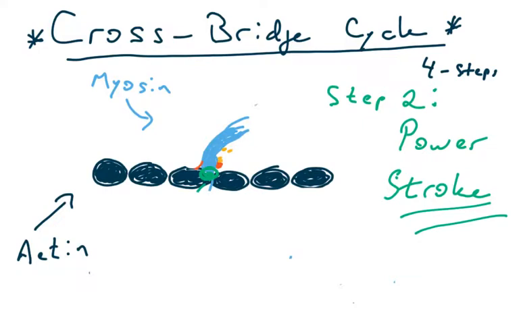Our myosin head is attached to the actin itself, and our phosphate has been removed. And so what happens at this point, the ADP is released.